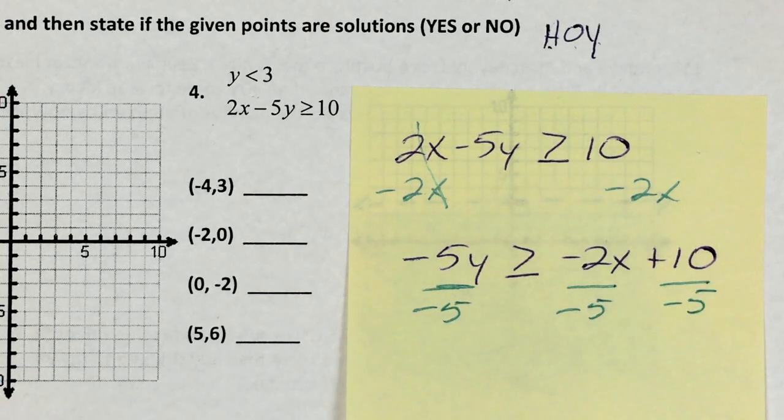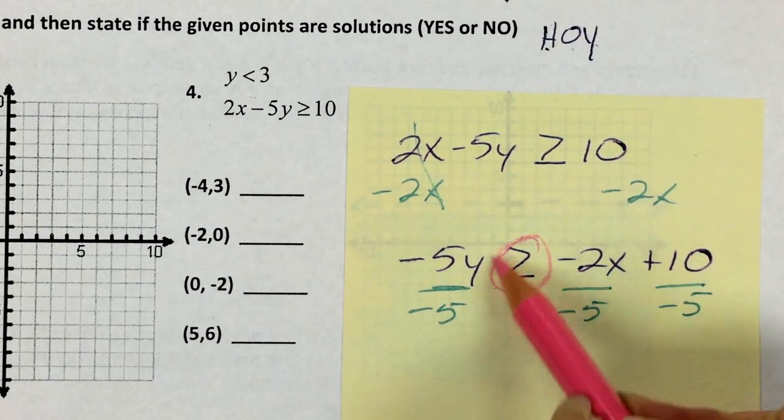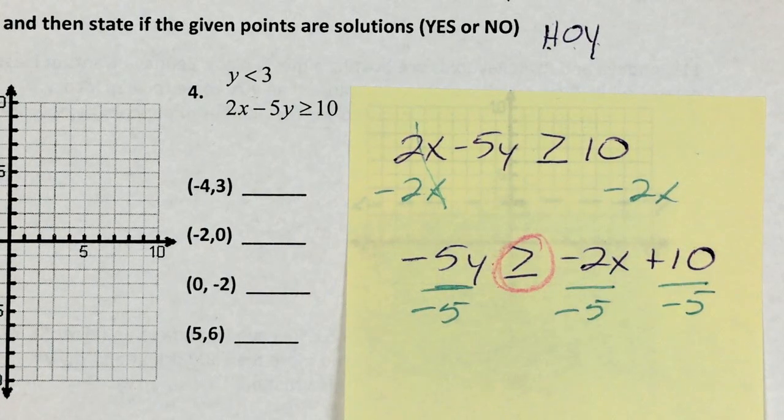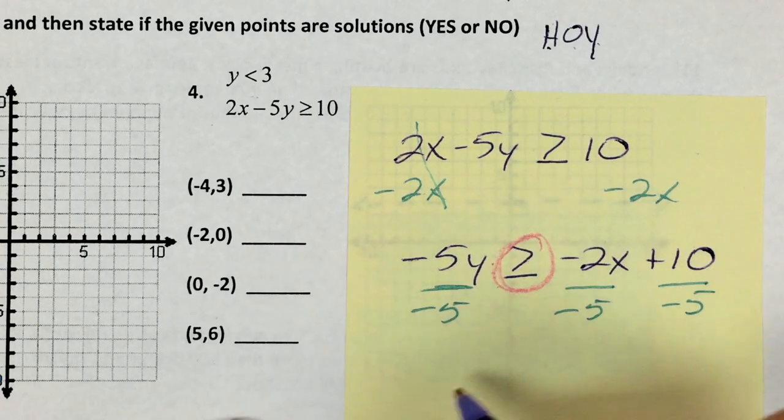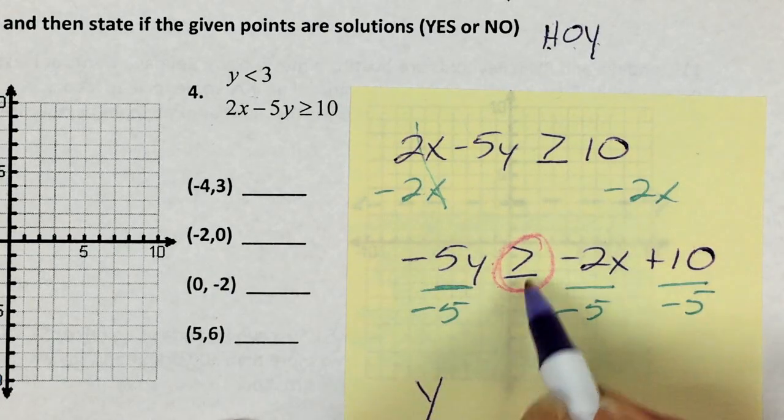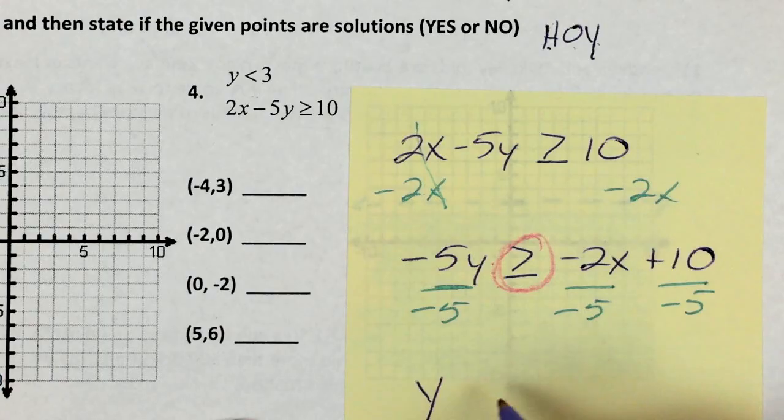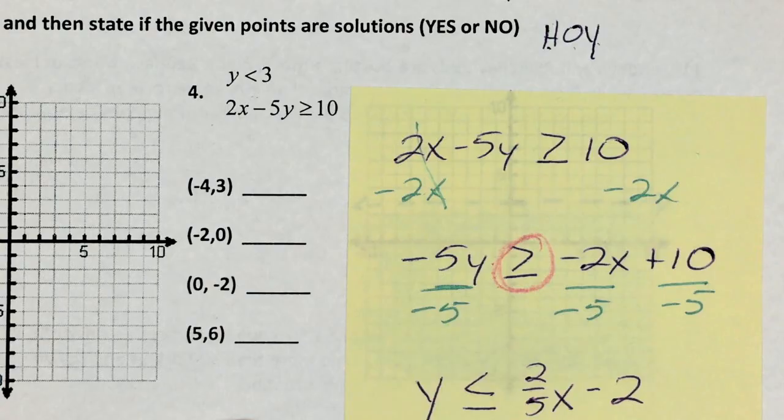And as we looked at our number 3, when we divide by a negative, that's going to change that inequality. So I will have this y, but that's going to change from a greater than to a less than. I have 2/5 x minus 2.